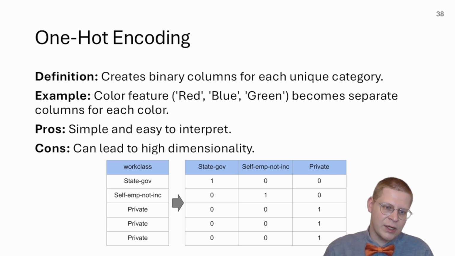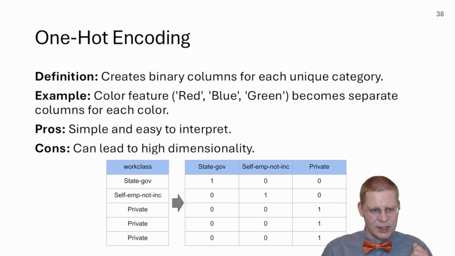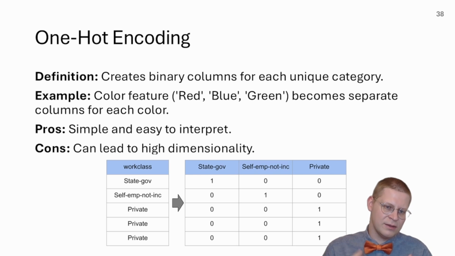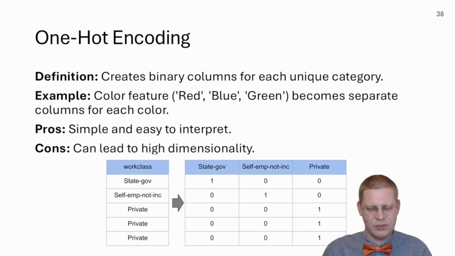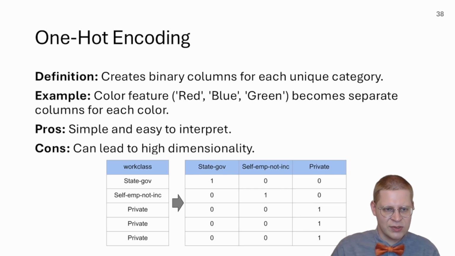Well, actually, if we have only 3 colors in the dataset, we do not need a third one. We can have red and blue, and if there are zeros in red and blue, then the green will automatically be considered as 1.